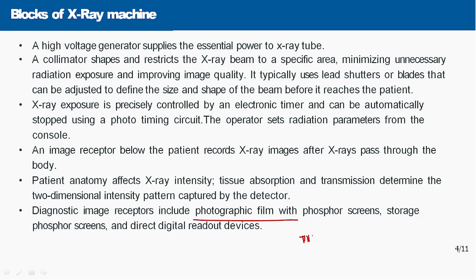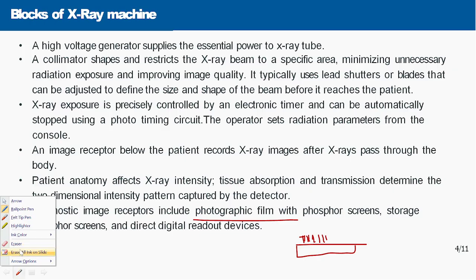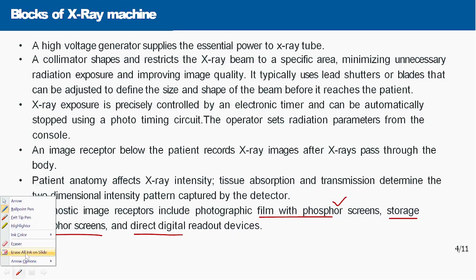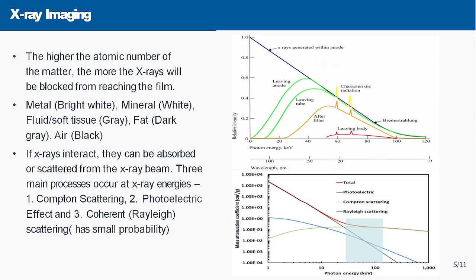These grids pass the beams in such a manner that the image quality is enhanced. The grid is present over the photographic film or an array of cells with a phosphor screen. The film has a phosphor screen. We can have storage phosphor screens, or we can read it out directly through digital screens. So these are all about this machine.